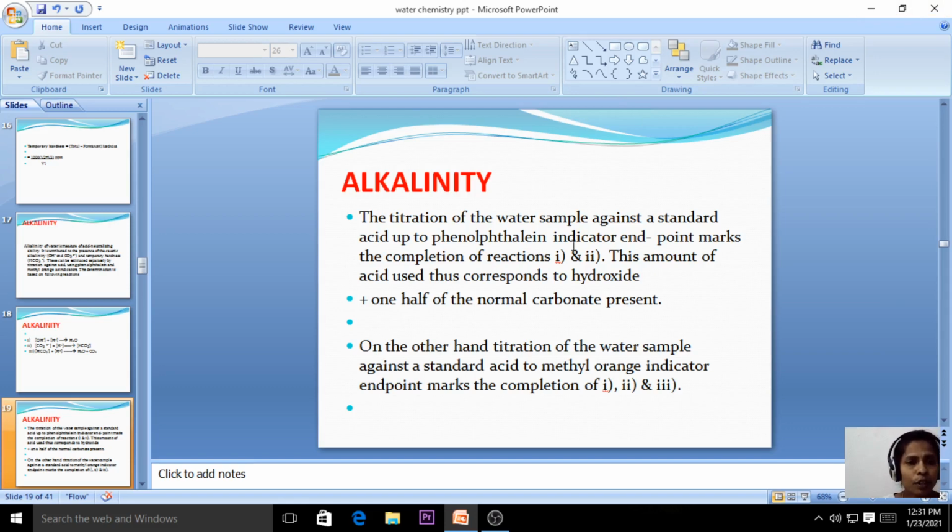The titration of the water sample against a standard acid using phenolphthalein indicator, the endpoint marks the complete reactions of 1 and 2, and the amount of acid used thus corresponds to hydroxide plus 1/2 of the normal carbonate present.